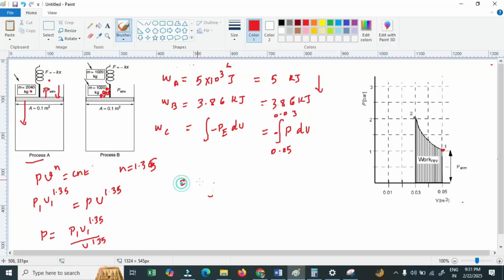Equal to minus P1 V1 power 1.35, integrate 1 dV divided by V power 1.35, from V1 to V2.